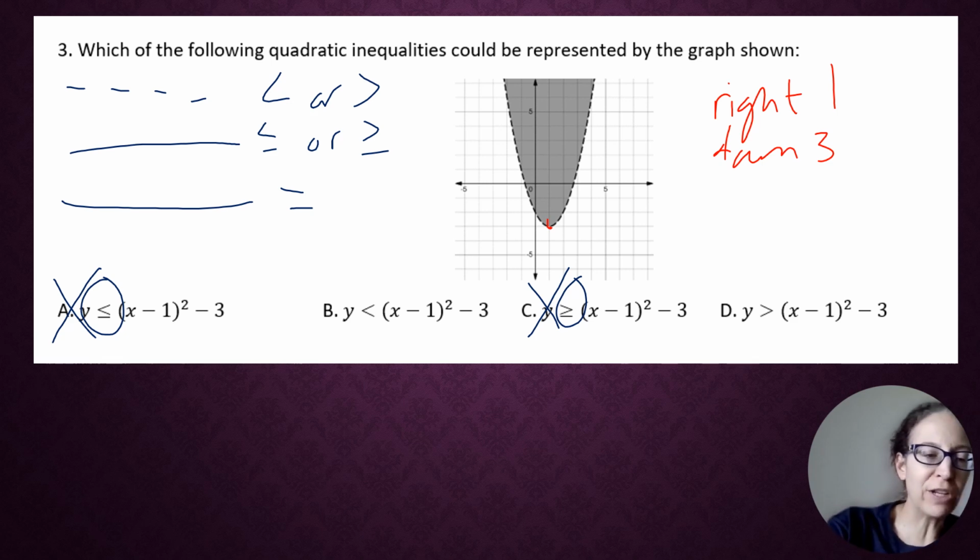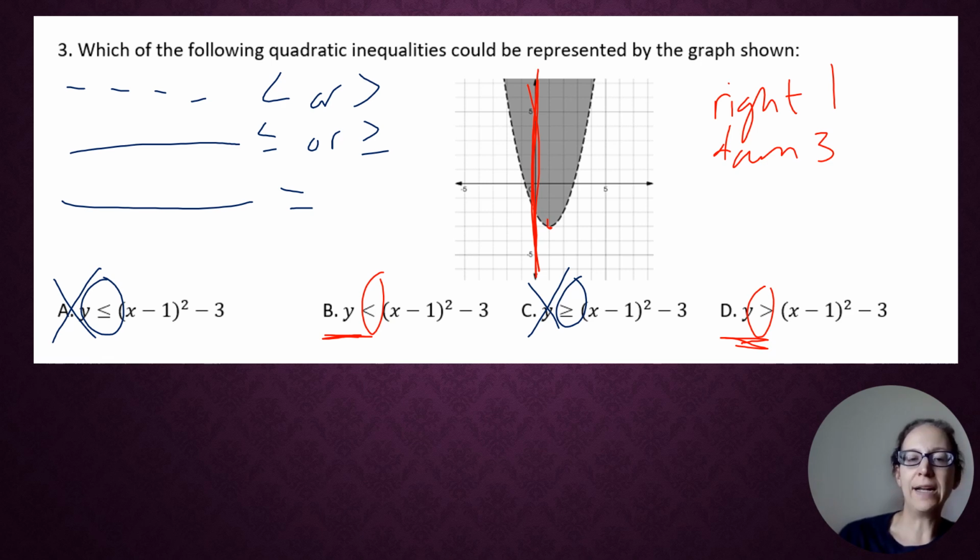So now when we look at what makes them different, one of them is less than and one of them is greater than. And notice, Y is less than or Y is greater than. Well, there's my Y axis. If Y is less than, it's going to be towards the bottom.